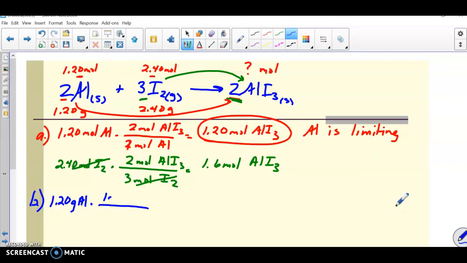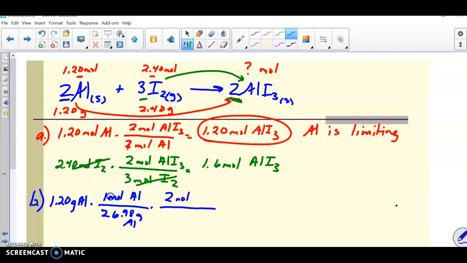Get back to where I was. 1 mole of aluminum is 26.98 grams of aluminum times, then I got to look at my mole to mole ratio. It looks like it's a 2 to 2.